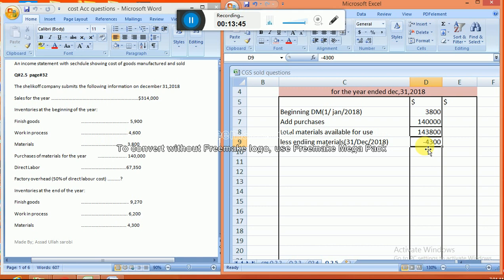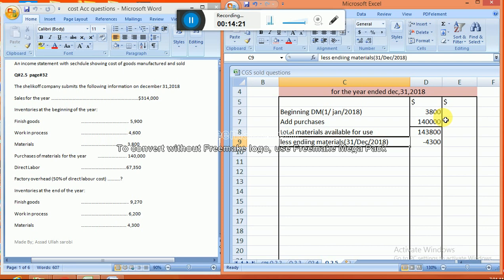So we will subtract this material. Why? The cost of these materials we recorded here in the 1,43,800. But when they are not used, we will subtract their cost from the 2018 record, and add the cost of this material to 2019, as, look at the 3,800 material left from 2017.